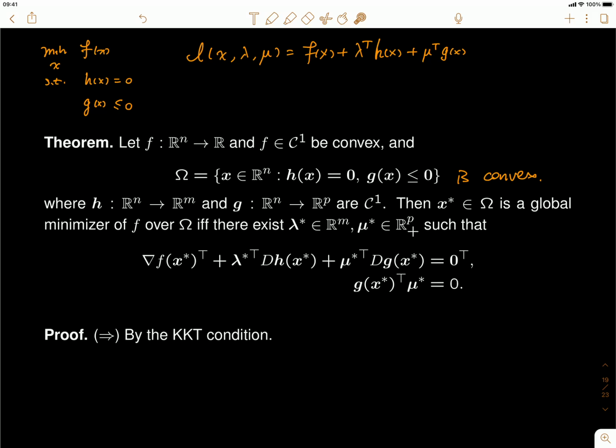This is called a complementary slackness condition, and this ensures that when we look at the sum of mu i star, which is the ith component of the vector mu star, times g i of x star, which is the ith component of the g vector, okay?